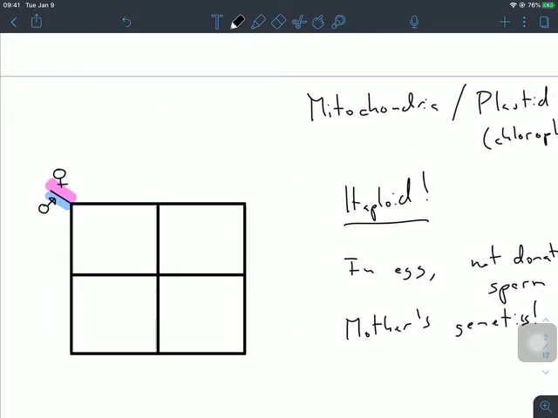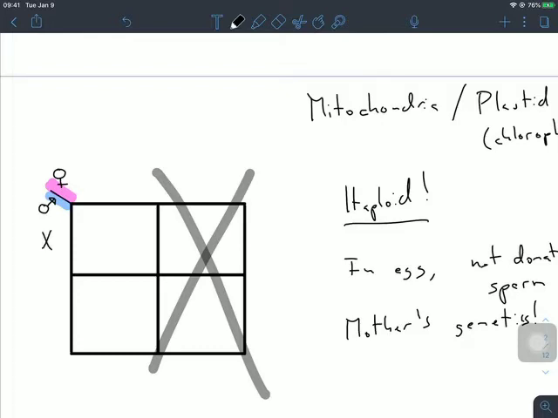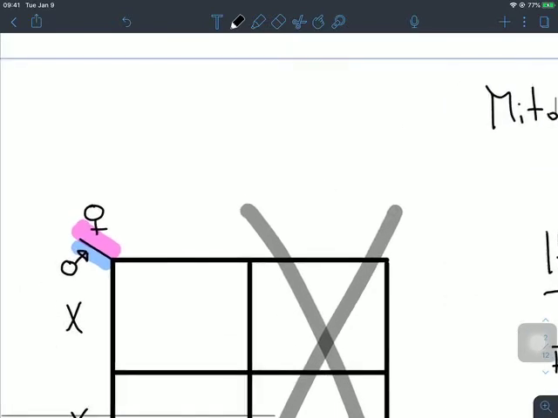So, not only do we not have the second squares here, but you don't even have the first square from your dad. Dad does not donate any genetic material, therefore your mitochondrial type will be directly inherited from your mom.